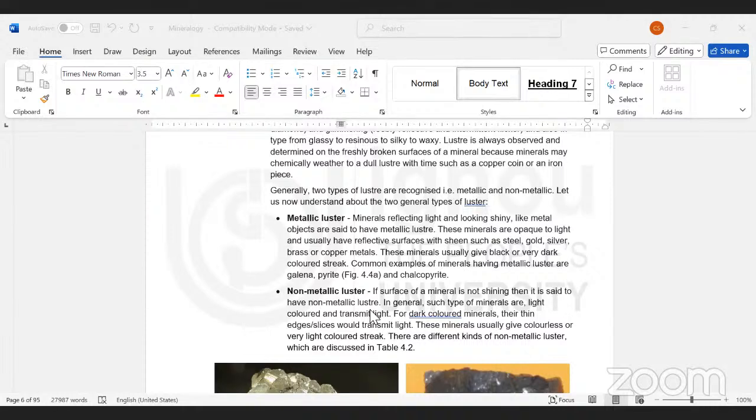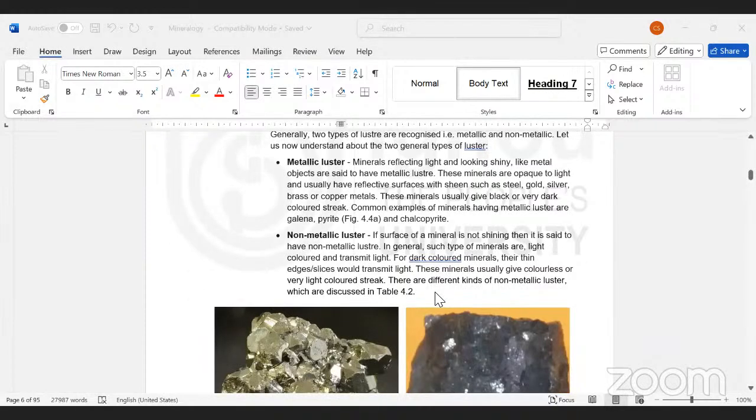The surfaces are reflective. Sometimes we are unable to see the property. These minerals show a black or very dark colored streak. So these are the things we will identify under the light.